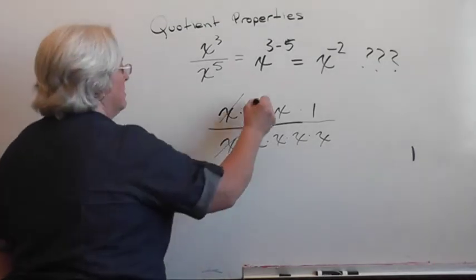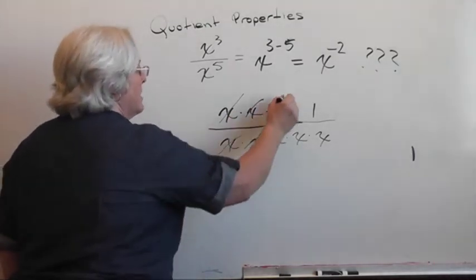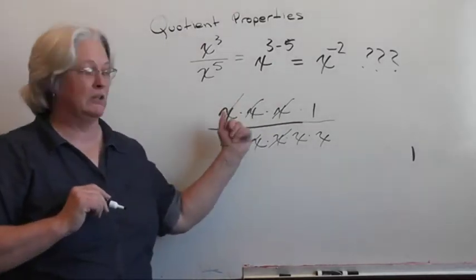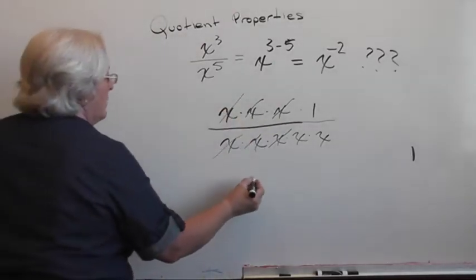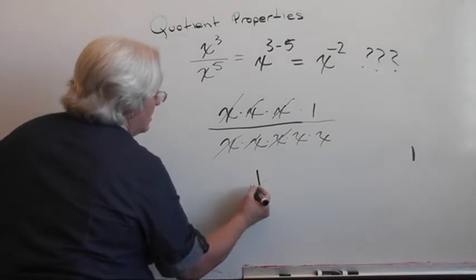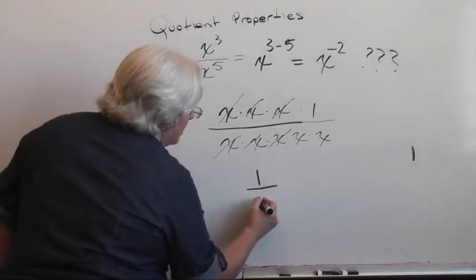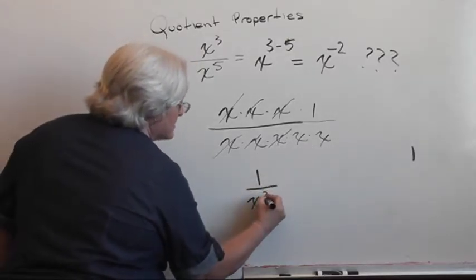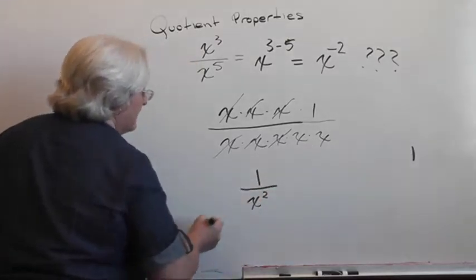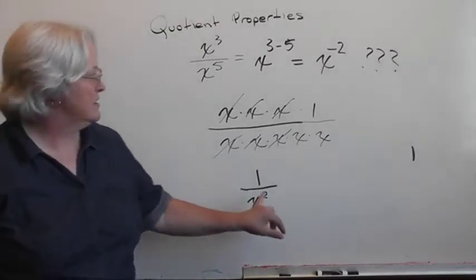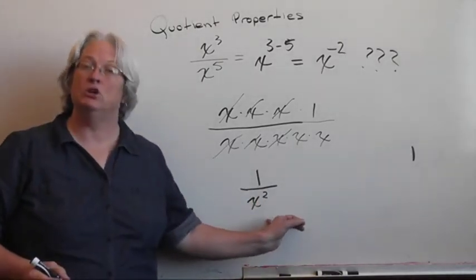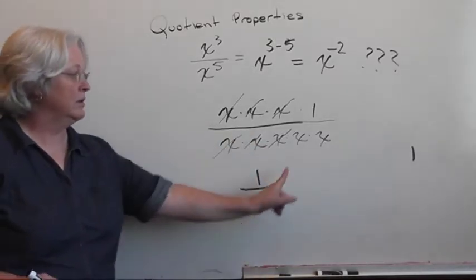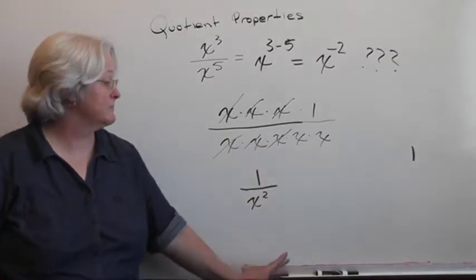You can cancel it out. Well, so we have 2 pairs of factors, 3 pairs of factors. What do we have left now? Well, we have 1 over x times x, which is x squared, which says that x is used as a factor in the denominator 2 times.